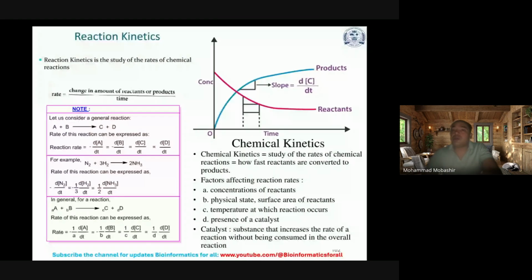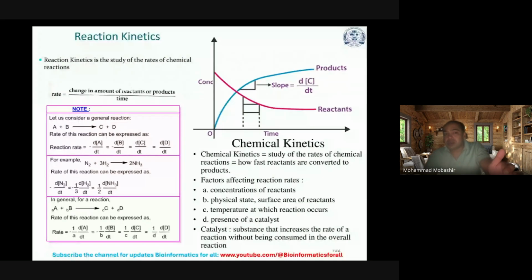So, how will you represent the rate of reaction? Change in the amount of reactants or the product divided by time. This is how. Then there are some simpler general examples with some ways of representing rates of reactions.